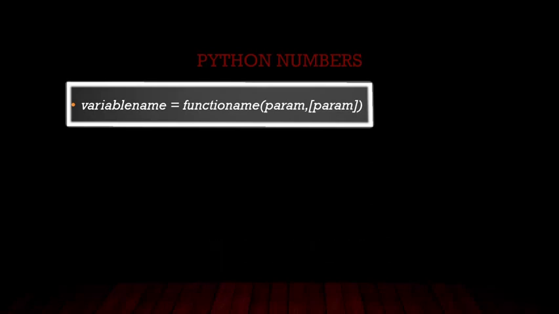So basically most functions return some value. You typically start by defining a variable to store what the function returns, followed by an equal to sign, and then the function name.